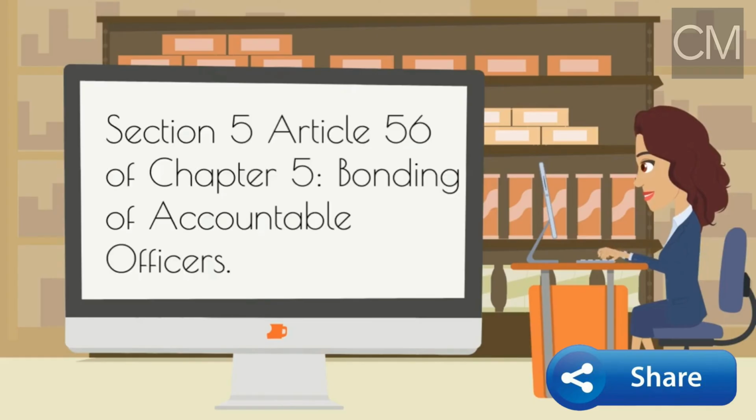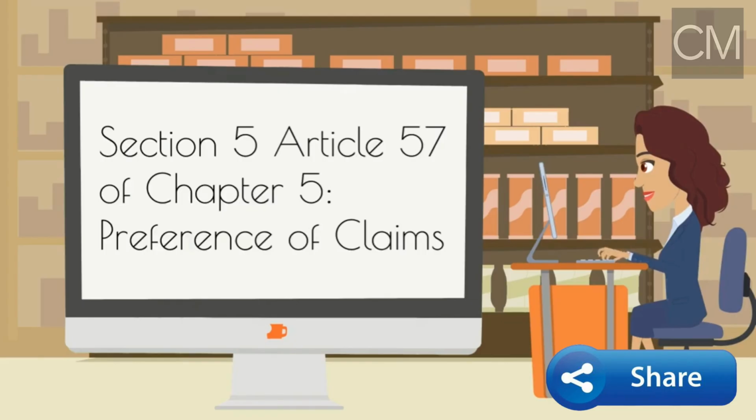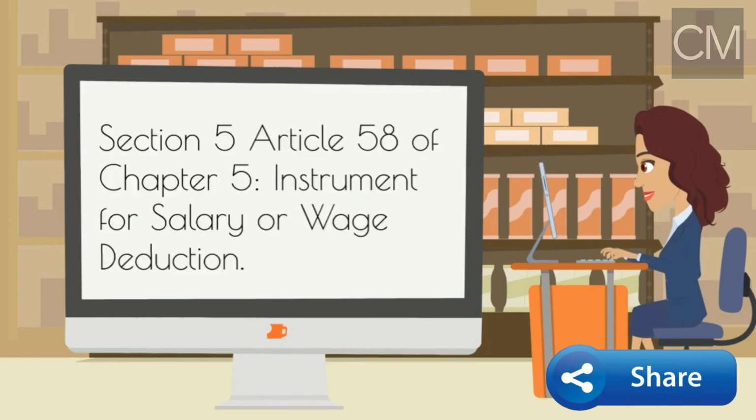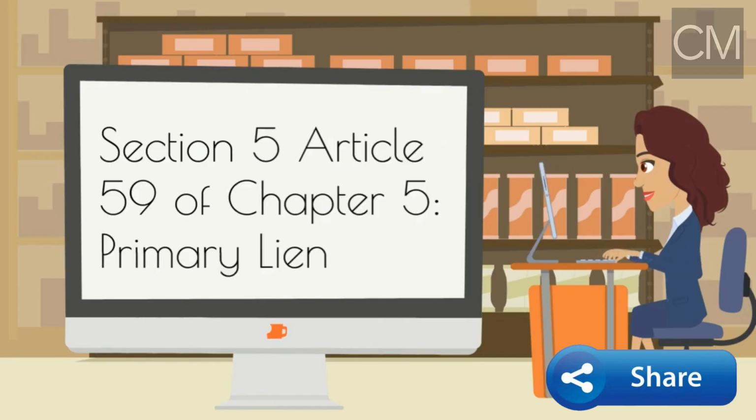And in Article 56 of Chapter 5, Bonding of Accountable Officers. And in Article 57 of Chapter 5, Preference of Claims. Article 58 of Chapter 5, Instrument for Salary or Wage Deduction. And in Article 59, Primary Lien.